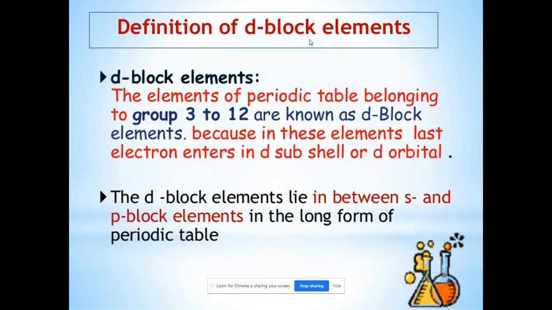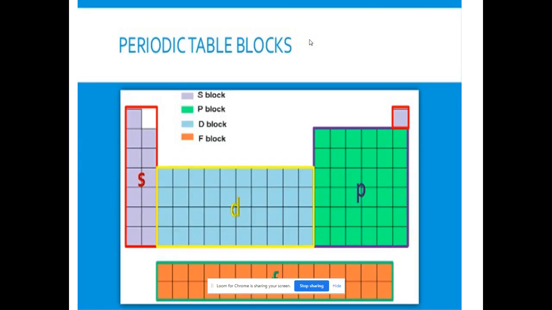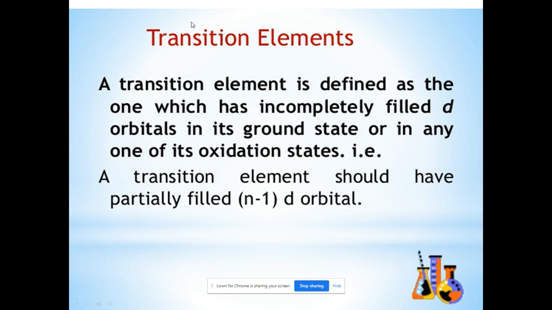If you look into the periodic table, the D block lies in between the S and P block elements. See, this is the S block and these are the P block elements. Here the D block elements are located in between S and P blocks. So otherwise they have been given the name transition elements.